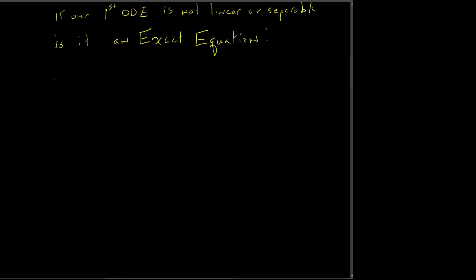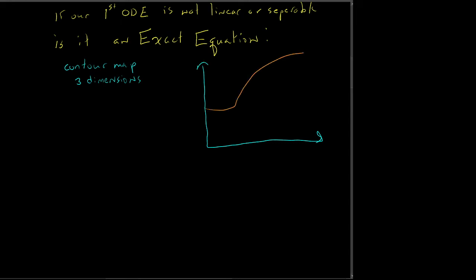So we're going to talk about a contour map. And so I'm talking about 3 dimensions. And so I'm just going to put a little graph over here. And I'm going to say I have, whoops, get my curve a little more curvy.